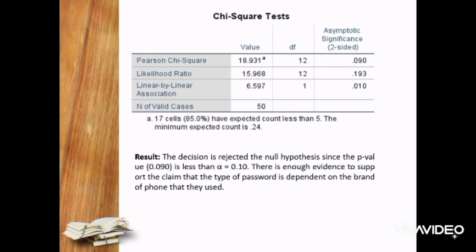So we can get the value is 0.09, and the decision is to reject the null hypothesis, since the p-value, which is 0.09, is less than alpha equal to 0.10.